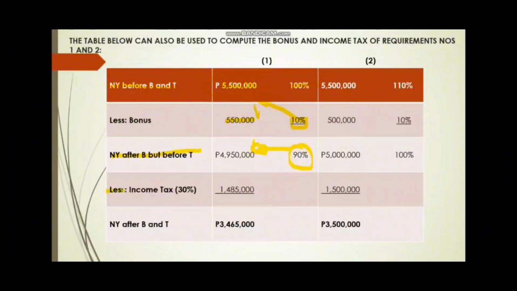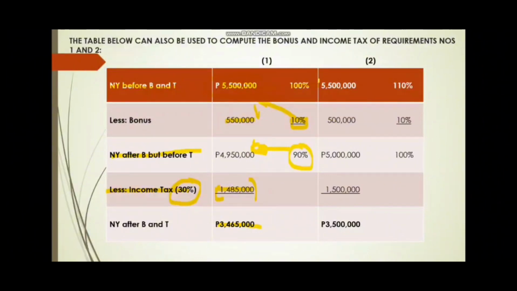Then the income tax is 30%, so we have 1,485,000. Subtracting the two, we come up with net income after bonus and tax of 3,465,000.